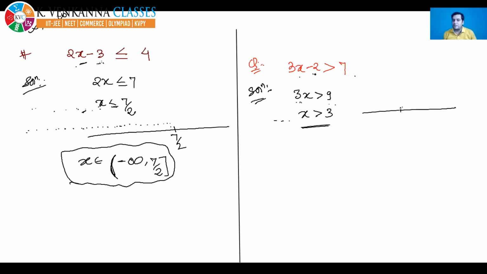What is the highest value it can take? That is plus infinity. So x can take values from 3 to infinity, and in interval notation, x belongs to 3 to infinity. Open at 3 because the equality sign is not there, and at infinity or minus infinity you always put an open interval. So that is the correct answer.